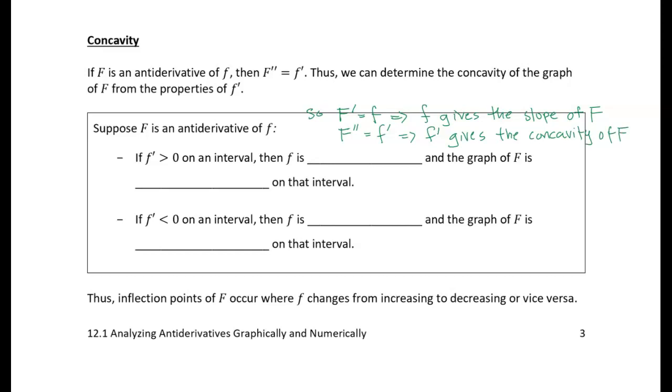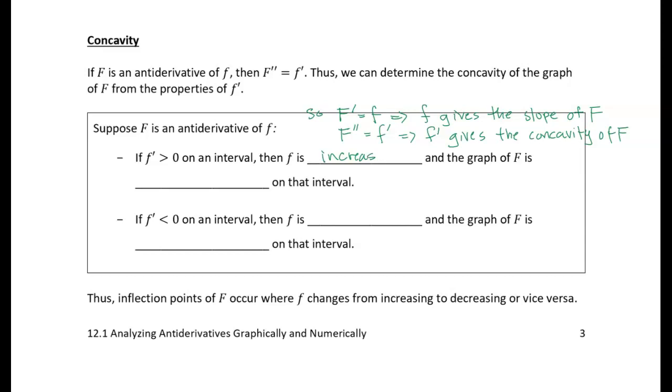Okay. So now we can look at the first derivative of the derivative, which is the second derivative, in order to determine some information about the concavity of the antiderivative. All right. So if f prime is greater than 0 on an interval, then f is increasing. Okay.